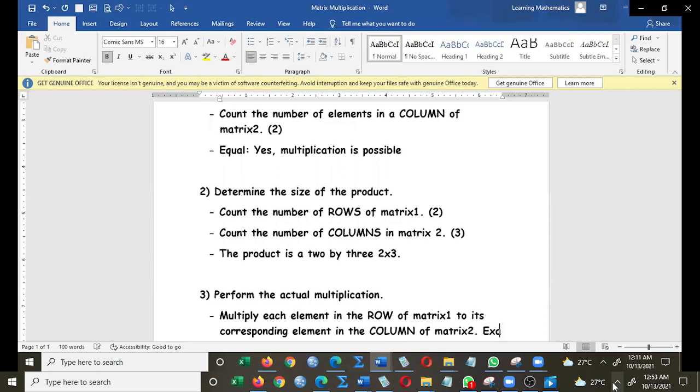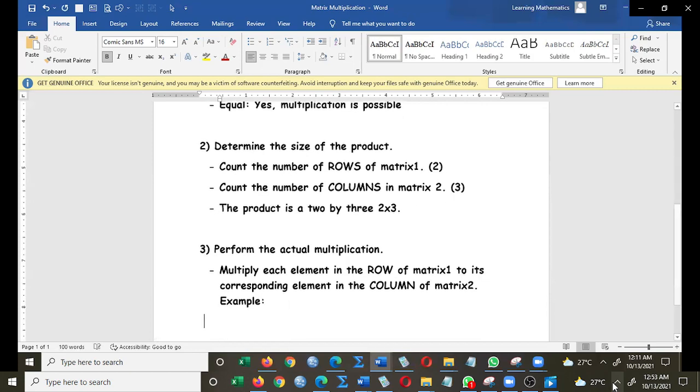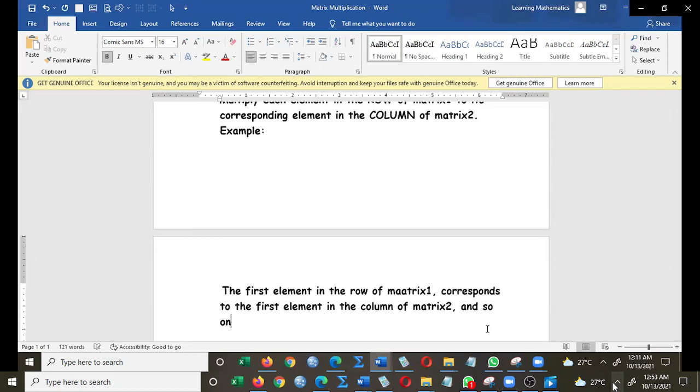Okay, for example, the first element in the row of matrix 1 corresponds to the first element in the column of matrix 2, and so on. All right.